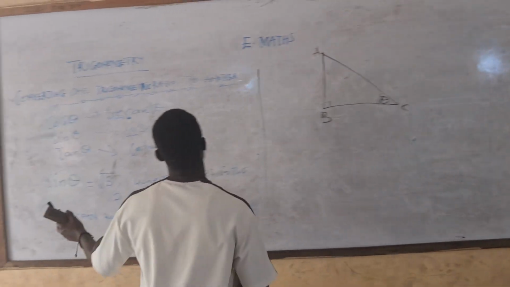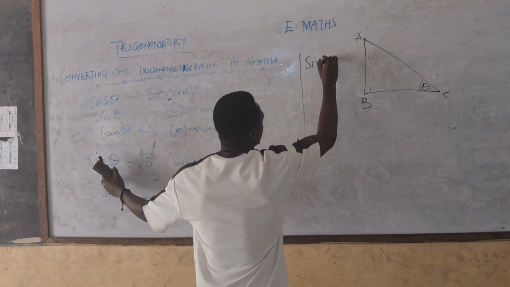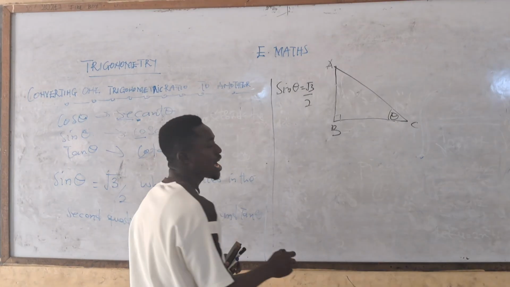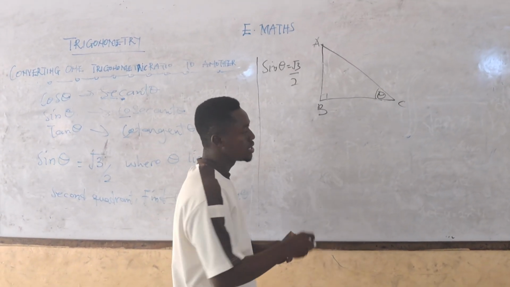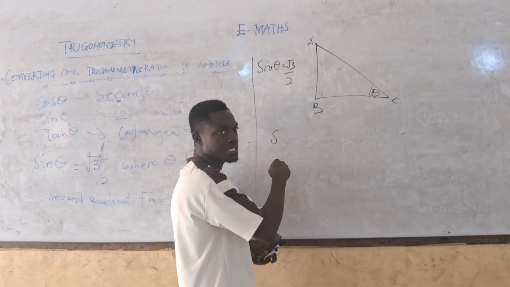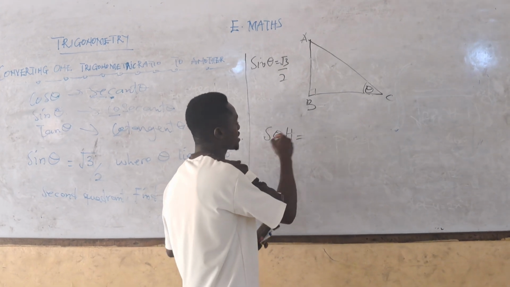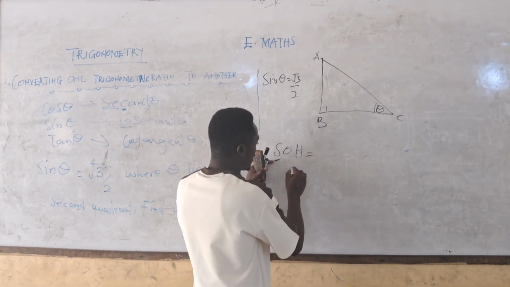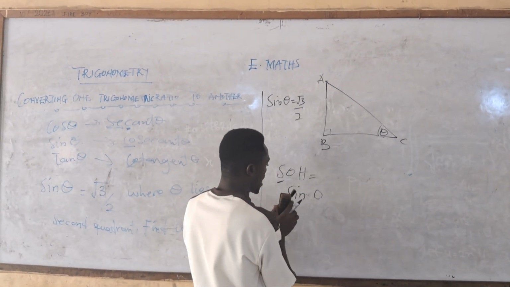Now we are given from the question that sine theta is equal to √3 on 2. If you want to do the ratio for sine, you know that the first letter, S, is the sine of an angle, so the sine of a certain angle.